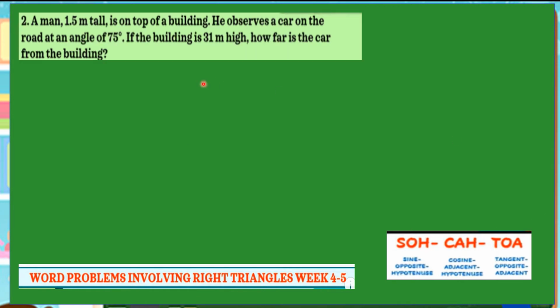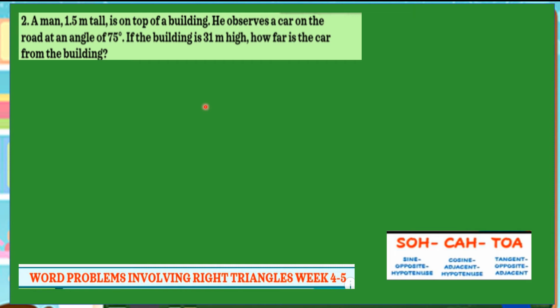Okay, next problem, we have a man, 1.5 meters tall, on the top of the building. He observes a car on the road at an angle of 75 degrees. If the building is 31 meters high, how far is the car from the building?